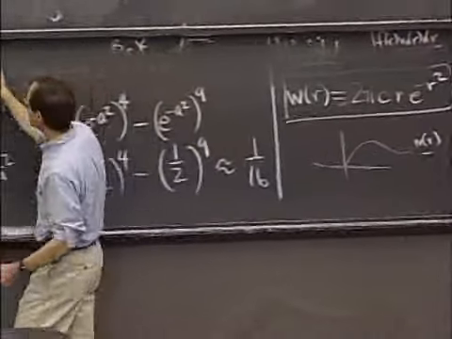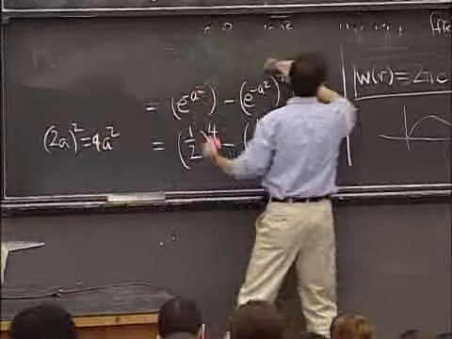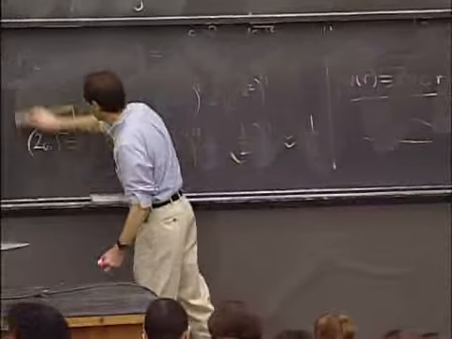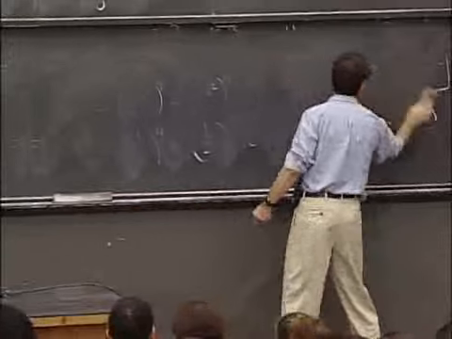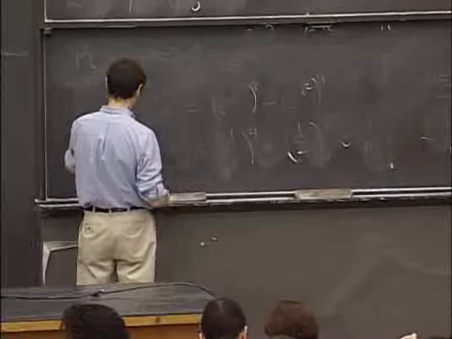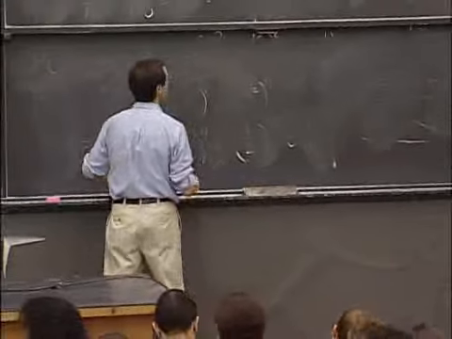Now, I need to tell you what the arithmetic is. And in order to save time, it's on your problem set what the actual formula is. But I'm going to tell you how to think about it. I want you to think about it as follows.